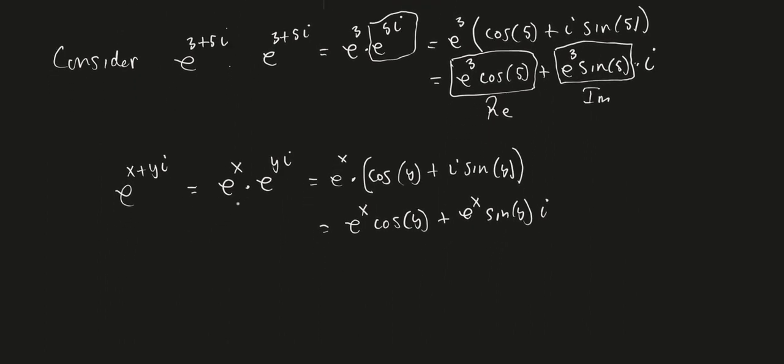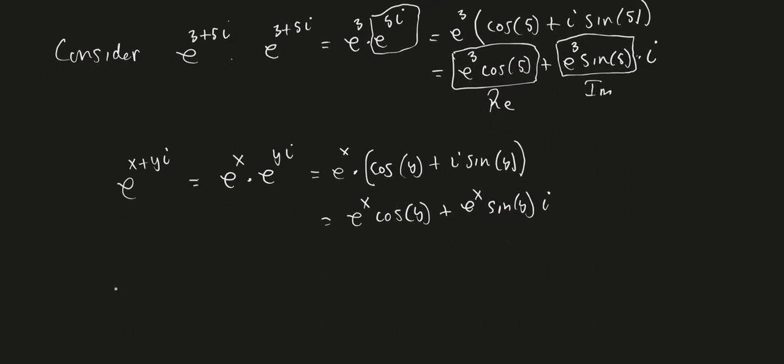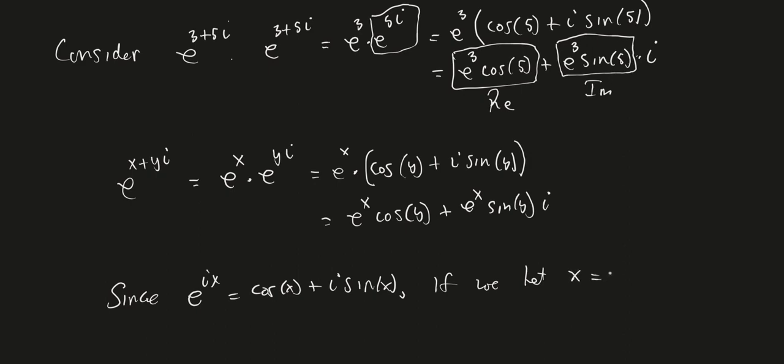So if I go back to this, since e to the ix is equal to cosine of x plus i sine of x, if we let x equals pi, what do we get?